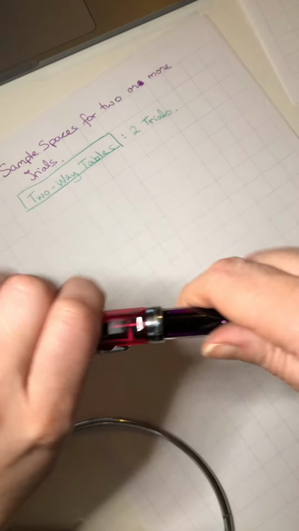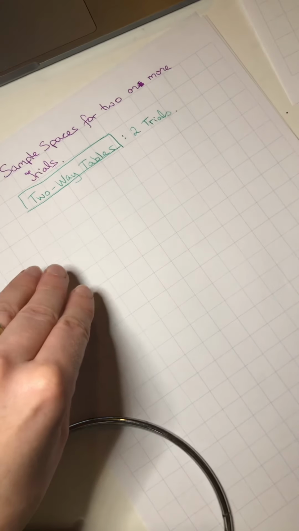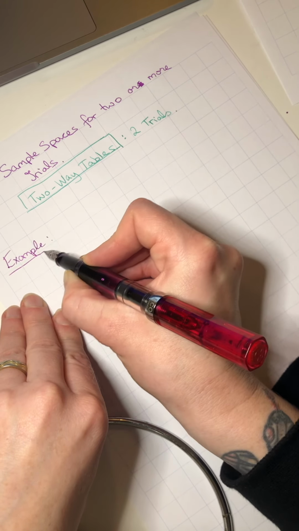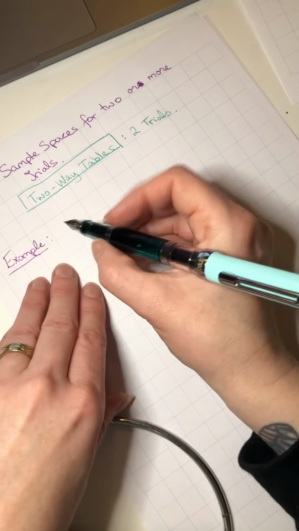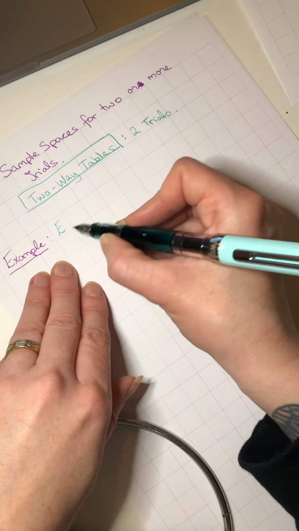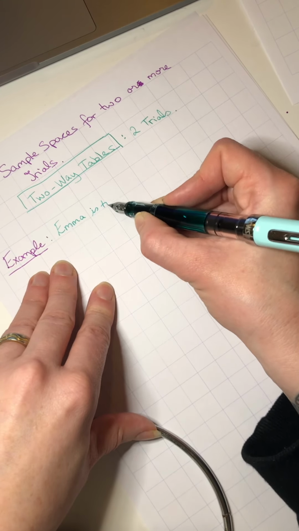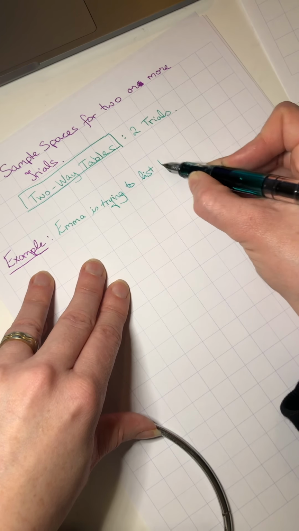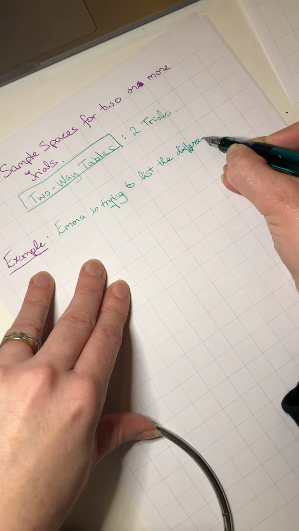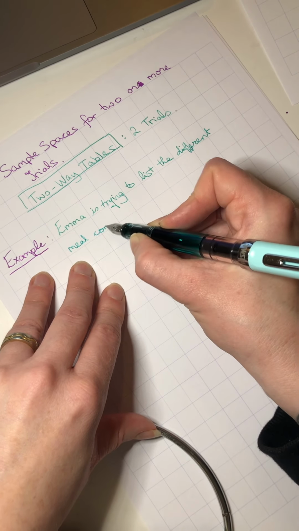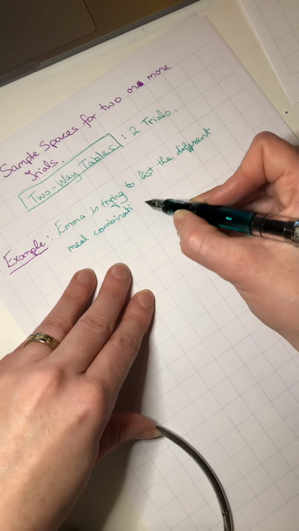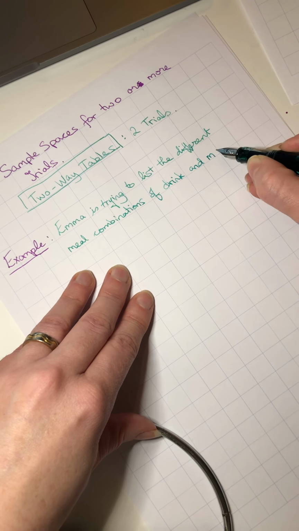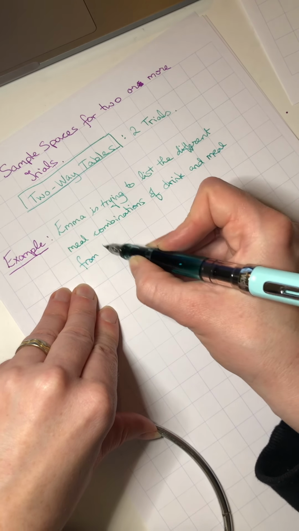Let's look at an example. Okay, so in our example, Emma is trying to list the different meal combinations of drink and main meal from the following options.